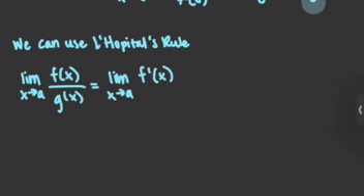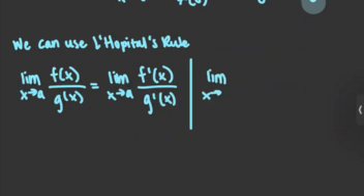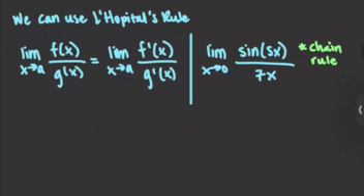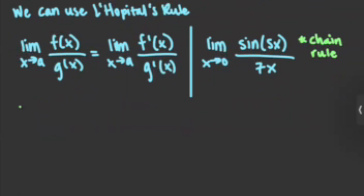So to remind ourselves of what L'Hopital's rule is, we're just going to rewrite it before we start taking derivatives. You may notice that we're taking the derivative of sine of 5x, which means that we're still going to have to use the chain rule.